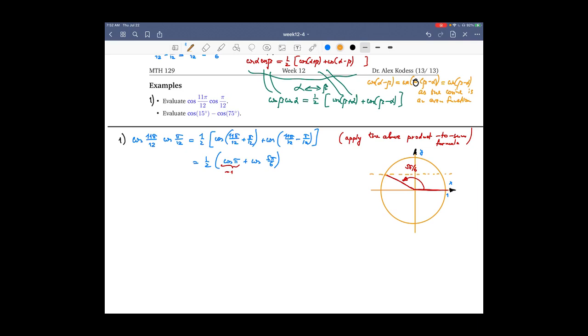And we see that cosine of 5 pi over 6 is simply negative of cosine of pi over 6, because the reference angle for 5 pi over 6, of course, is pi over 6.